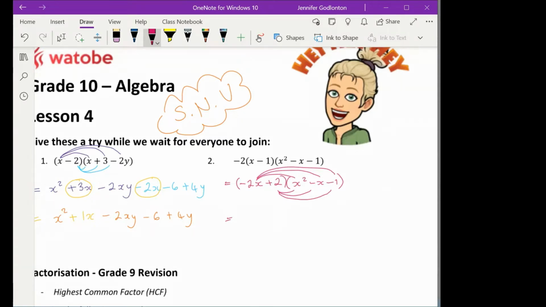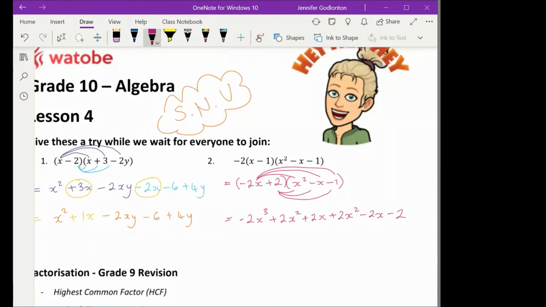I got negative 2x cubed. Beautiful. Next. Plus 2x squared. Good. Plus 2x. Good. Plus 2x squared. Yes. Minus negative 2x. Minus 2. Yes.